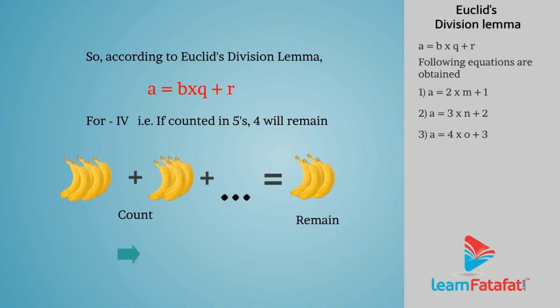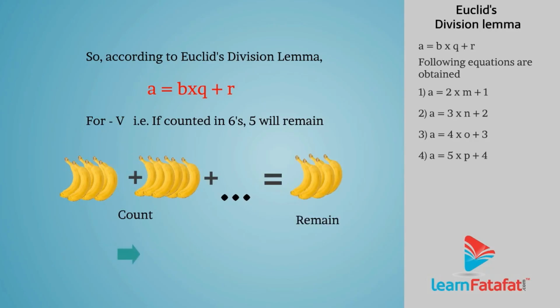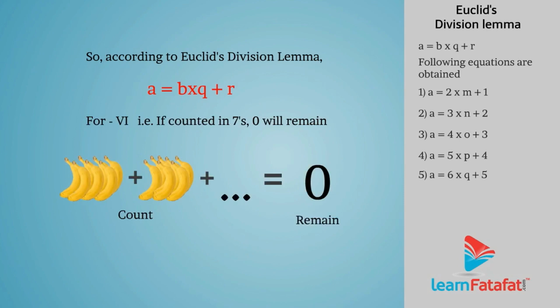So we get A is equal to 5 into P plus 4. If bananas are counted in 6, 5 will remain. So we get A is equal to 6 into Q plus 5. If bananas are counted in 7, 0 will remain. So we get A is equal to 7 into R plus 0.